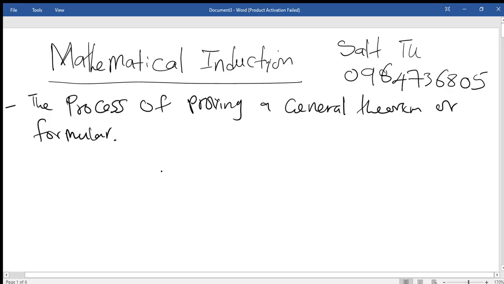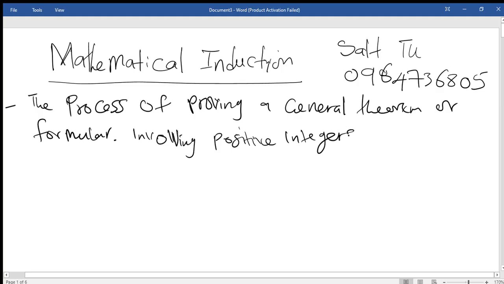We did the first part where we talked about formulas involving summations. There are a lot of processes for proving whether a general theorem or formula is true, but mathematical induction is the process of proving a general theorem or formula involving positive integers.